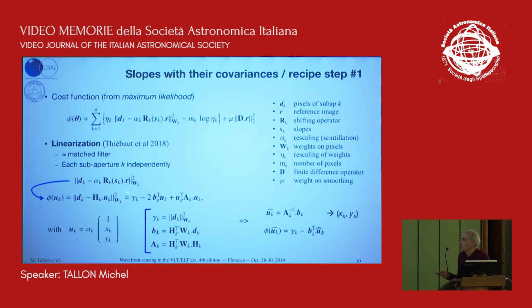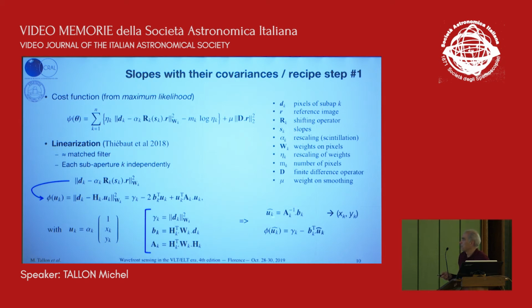So this becomes a linear relationship, but differently from the matched filter, we also have this scaling. So we have 3 degrees of freedom here, which is written this way. The alpha here comes in now because it's linear. And so this cost function has a quadratic expression with these terms.